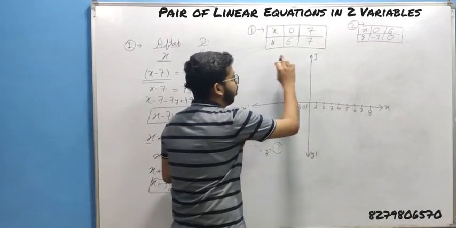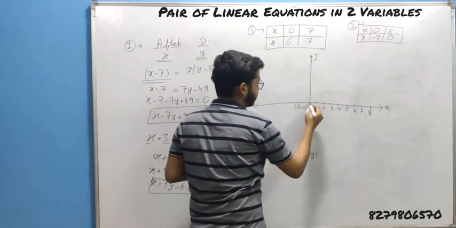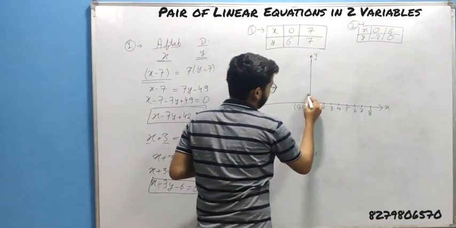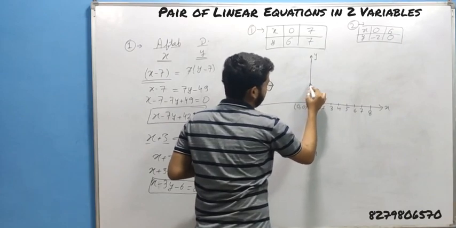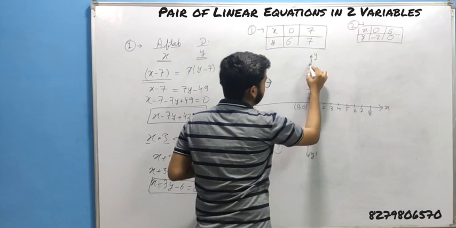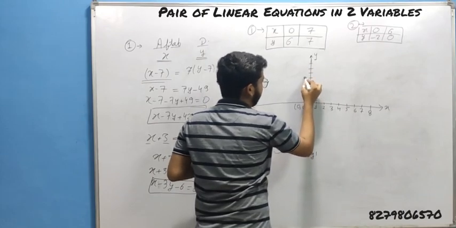Now what is the maximum value of y? The maximum value of y is 7. So now 1, 2, 3, 4, 5, 6, 7, 8, and just write down the numbers.